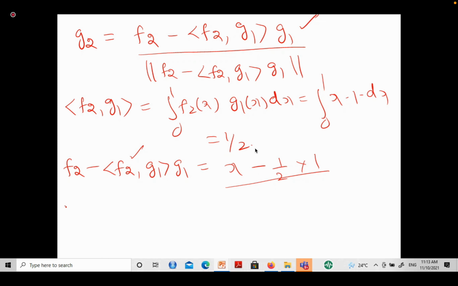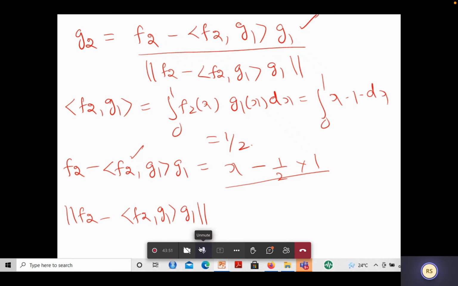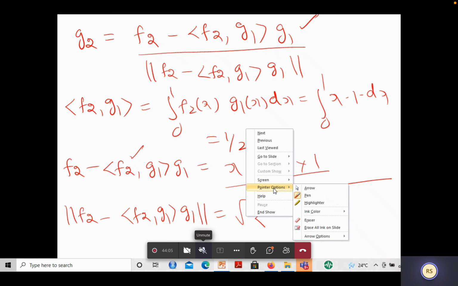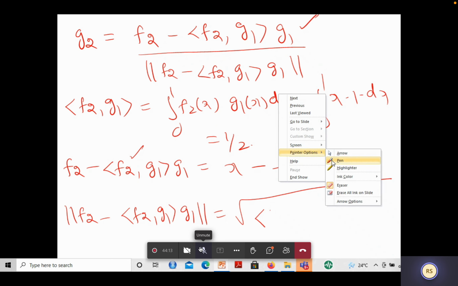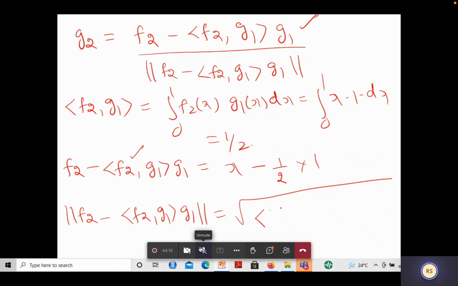Now I want to find the norm of this. The norm is the root of the inner product of x minus half with x minus half.